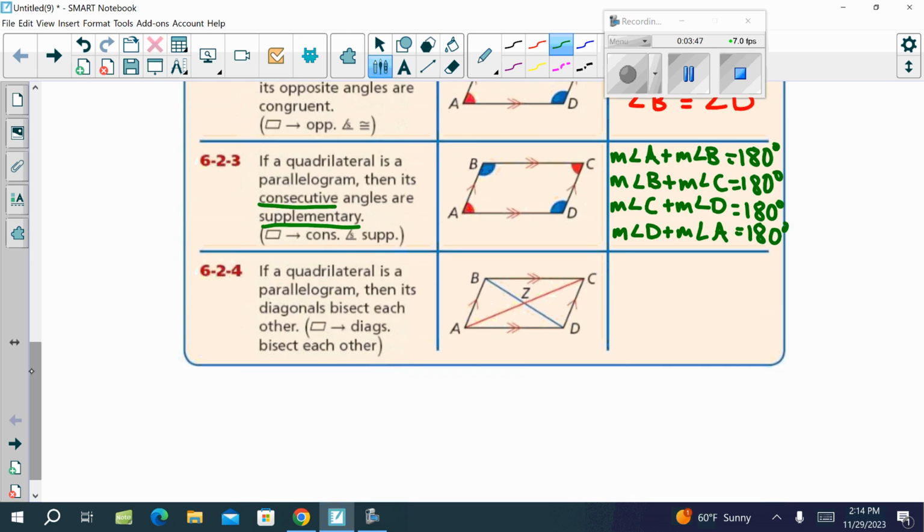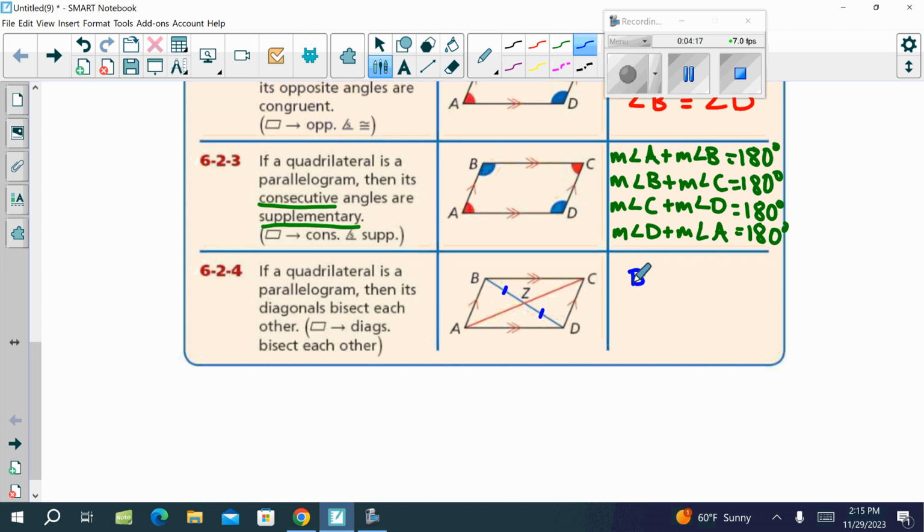Property number 4. If a quadrilateral is a parallelogram, then its diagonals bisect each other. What does that mean to bisect? We've used that word a lot in this class. Cuts it in half. Good. So diagonals are the segments that go through diagonally your parallelogram. And if they are cut in half, that means these two are congruent.